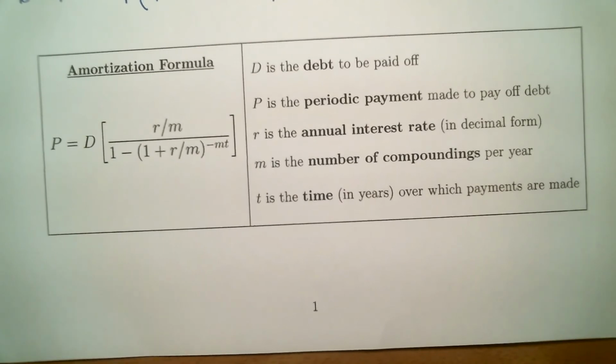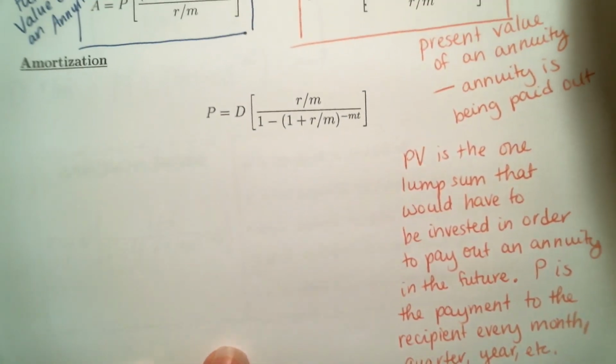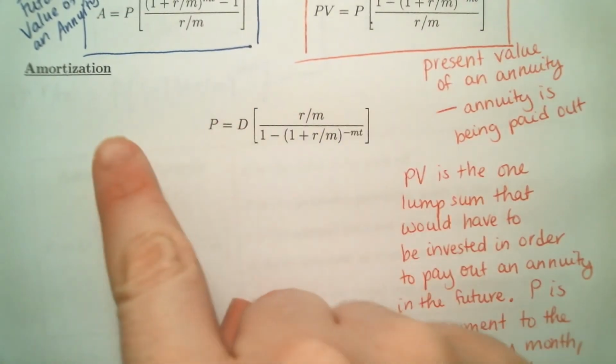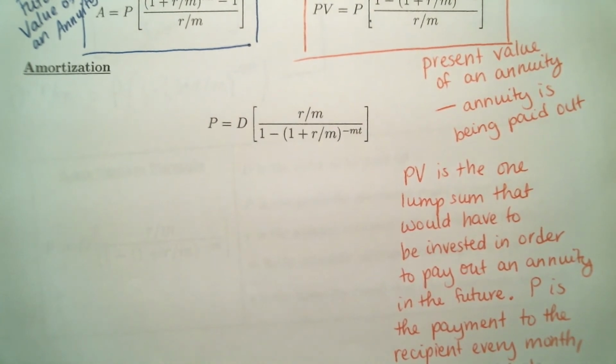The amortization formula, like I said, you're always going to use in the case of paying off a debt. It is the last formula on your formula sheet. So here it is, under the amortization. It is probably a very easy formula to recognize when to use because it's got D, and D stands for debt.